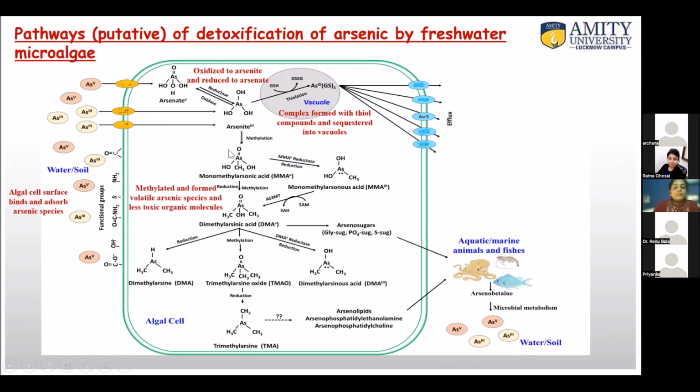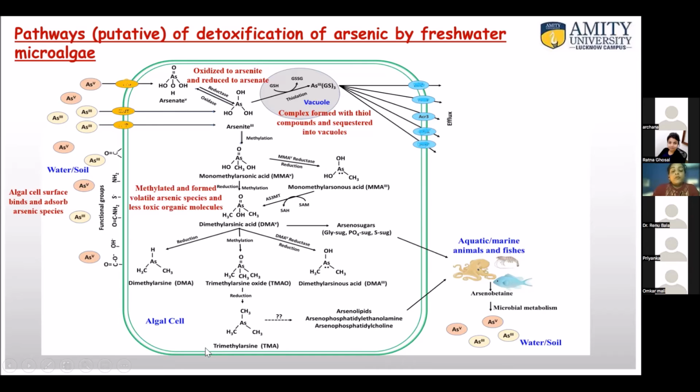And there might be some methylation and formation of different methyl arsenicals, which are less toxic than the inorganic forms. And lastly, they can also form volatile methyl arsenicals, volatile arsenic species, which can be volatilized from the cell to the environment.